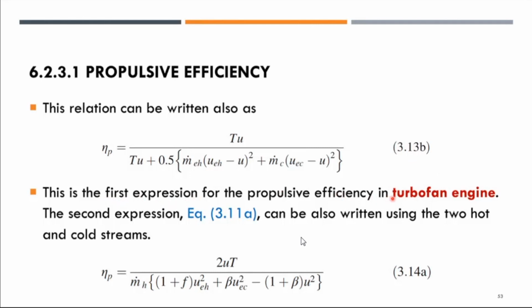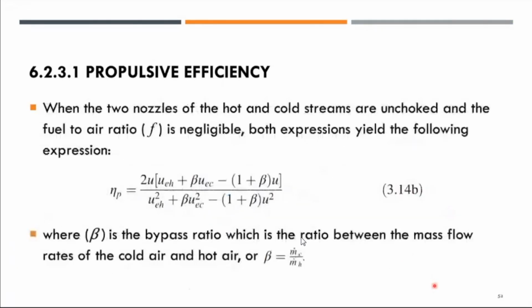The second expression shown in equation 3.11a can also be written using the two hot and cold streams. We can rewrite it as 3.14a. So when the two nozzles of the hot and cold stream are unchoked and the fuel air ratio is negligible, both expressions yield the following.